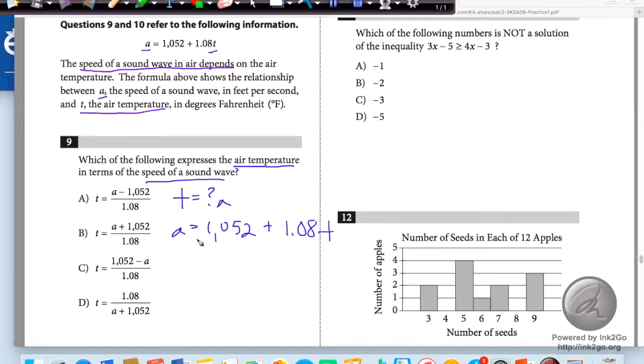And if I were to subtract both sides by the 1052, this would become A minus 1052 equals 1.08 t. Then if I were to isolate t by dividing by 1.08 here, right, because I want to get t by itself as what is desired within the problem. So I get A minus 1052 over 1.08. Well, that's what T should equal.